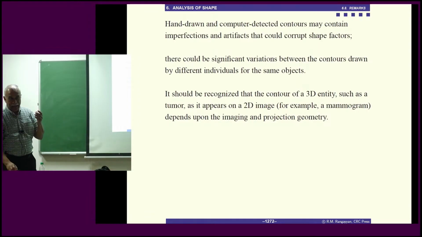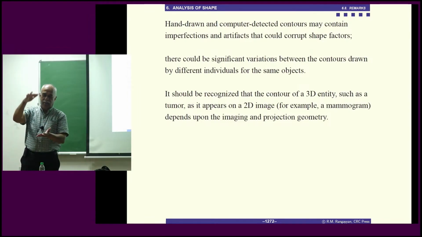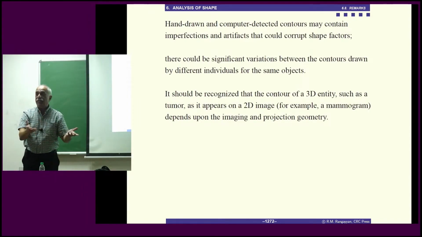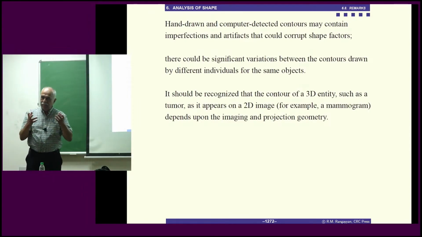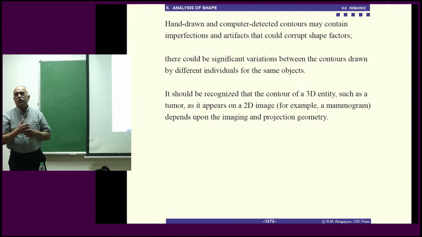So a spiculated tumor, if it has spicules only in certain directions, they could all get integrated along the path of propagation of the X-rays, and you may not see anything in the image. Unlikely, but some of these spicules at least may disappear in the process of obtaining a 2D projection of a 3D body.